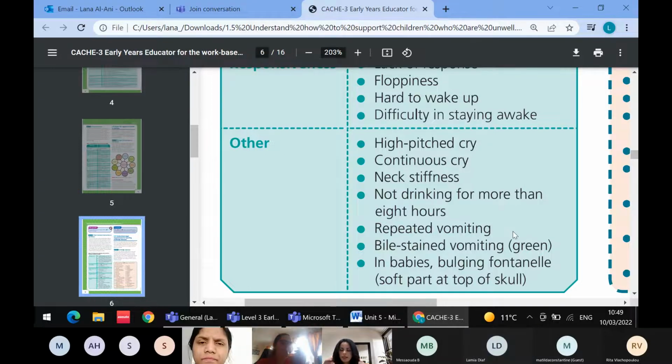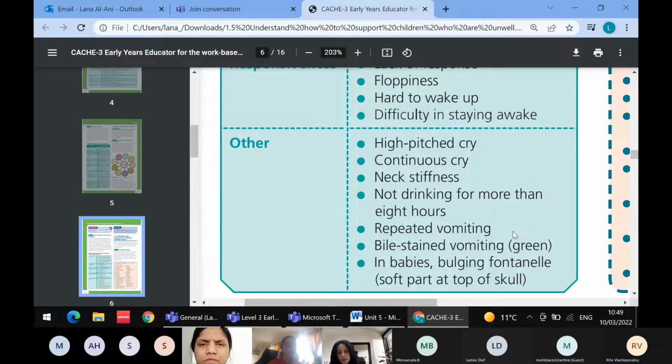Yeah, also continuous crying, so the child would not stop crying, just crying non-stop. And also the neck is very stiff. Yeah. They don't want to drink anymore. For more than 8 hours, he or she is not drinking at all. That can't be normal, so you need medical attention.